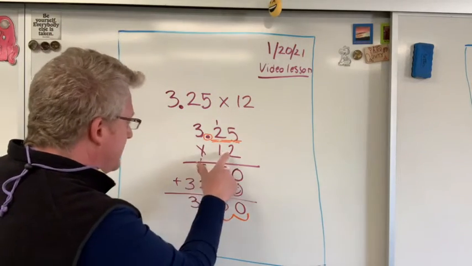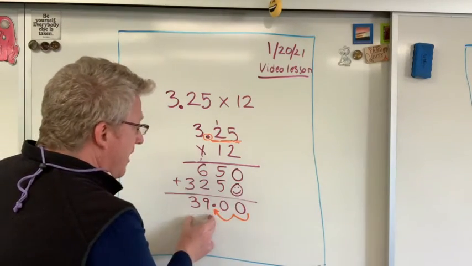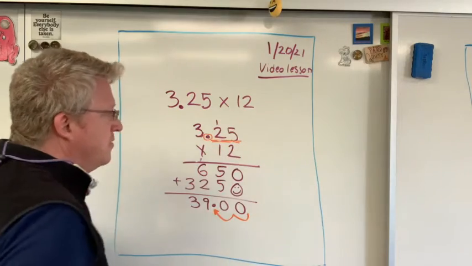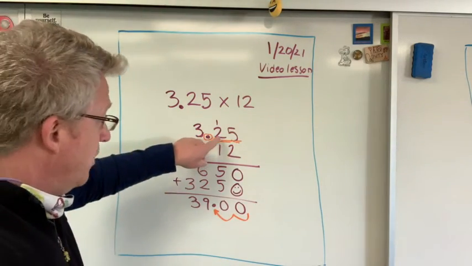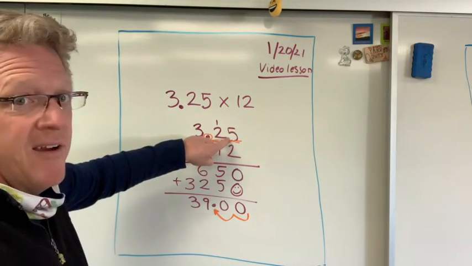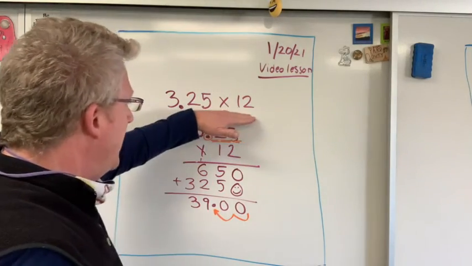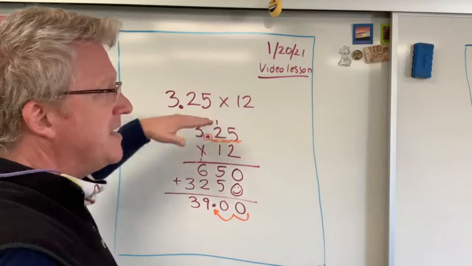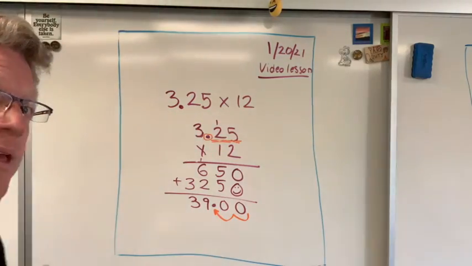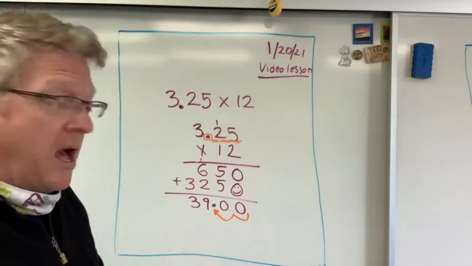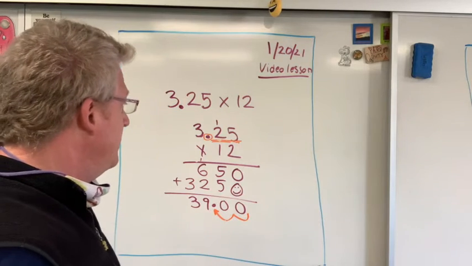So it was 36, but now we have 39 because of those 12 25-cent quarters that we're looking at right here, right? So it's important when you multiply to make some sort of estimate, make a guess to see if something looks reasonable or not. And this answer is perfectly reasonable, all right?